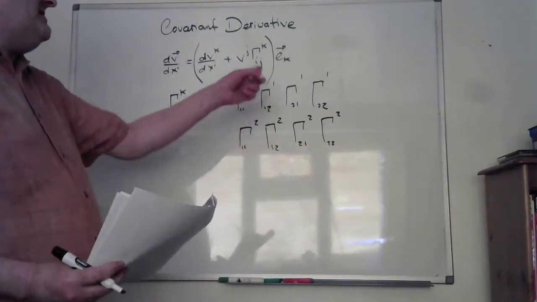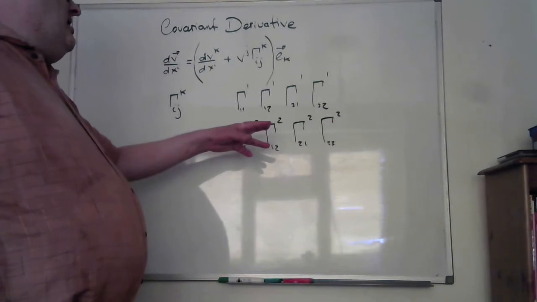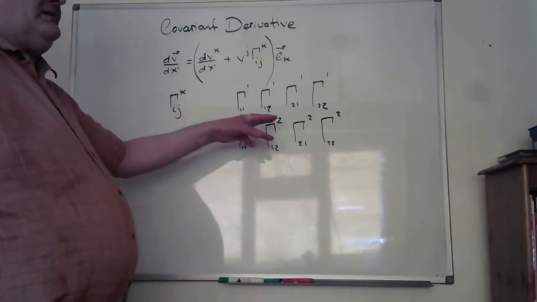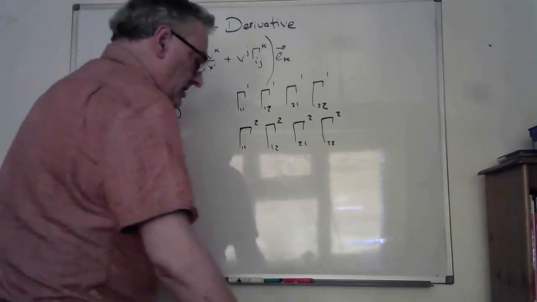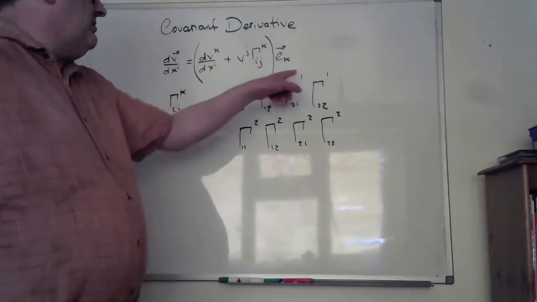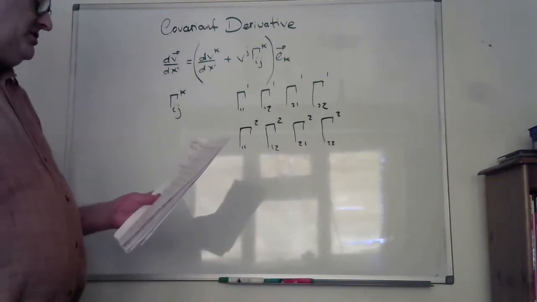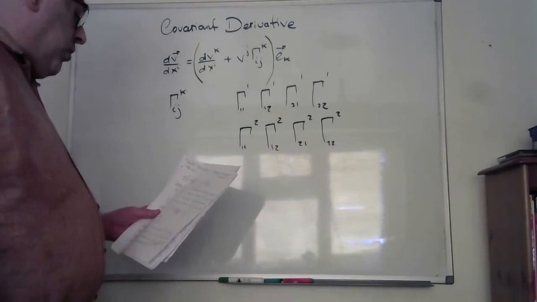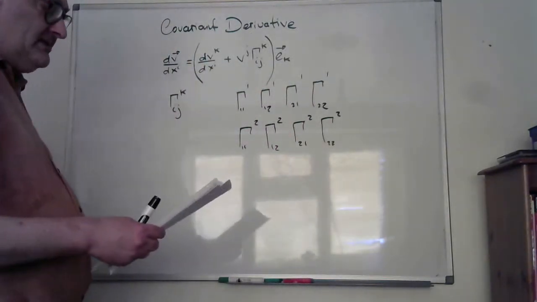Now, what do these 8 Christoffel symbols mean? Well, basically, they are measures of the basis vectors, and in particular, these Christoffel symbols would be a measure of how much of the x1 basis vector, which we call E1, we need.